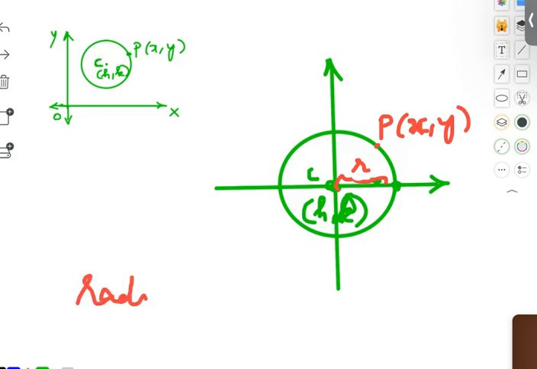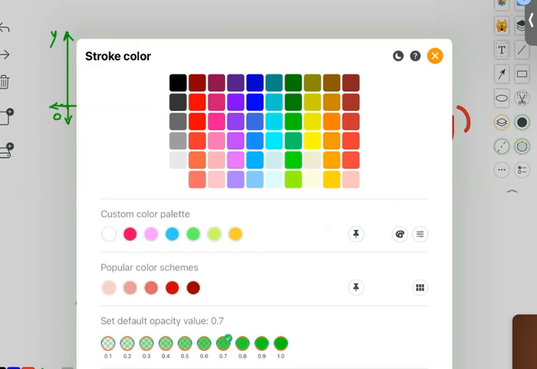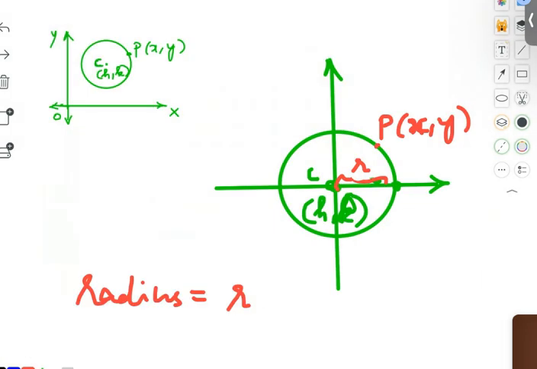What is the radius? r. What must be the distance between the center and the point P?